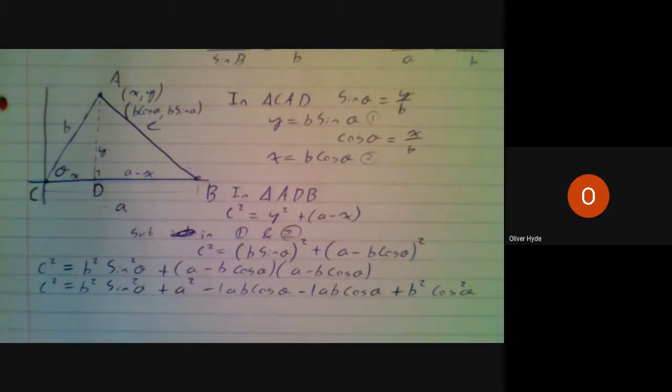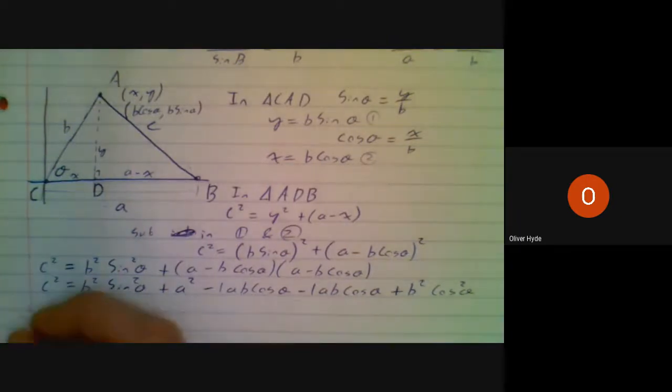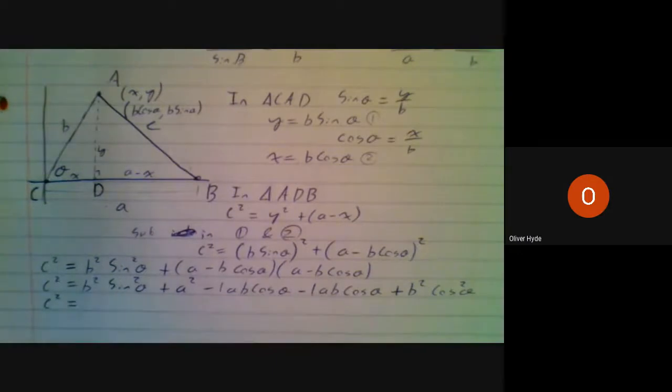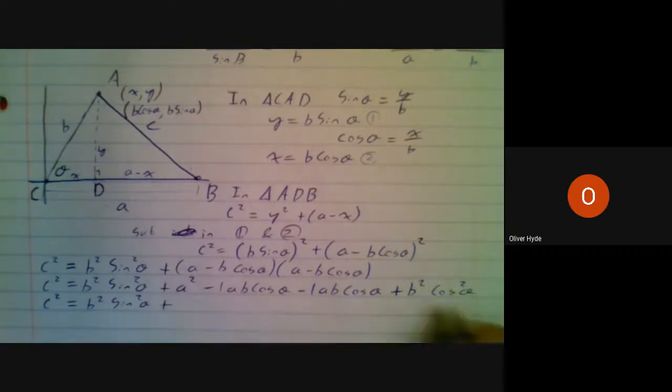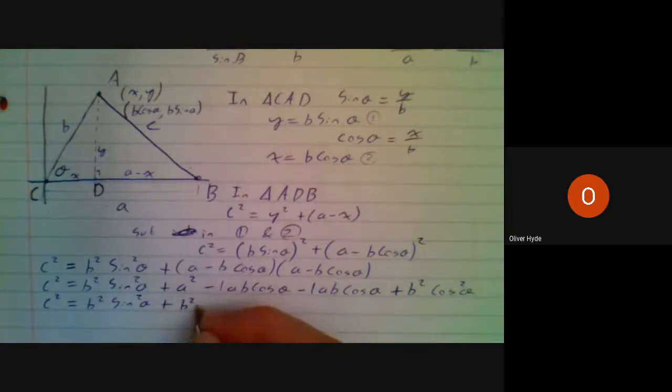Okay. Let's do some tidying up here. Let's write b squared sine theta squared next to the other b squared term, cosine of theta squared.